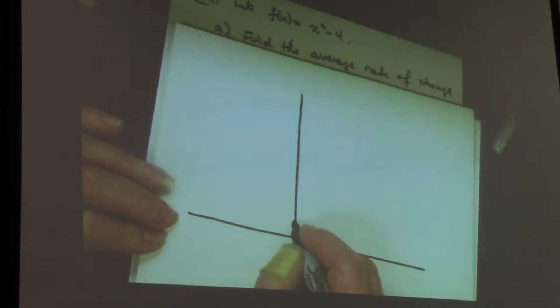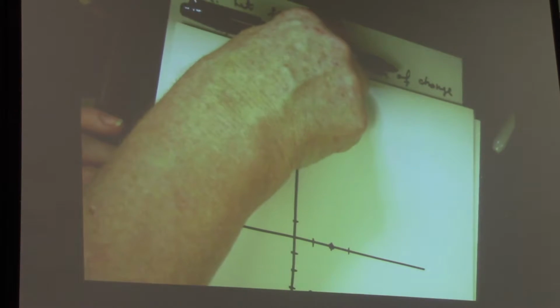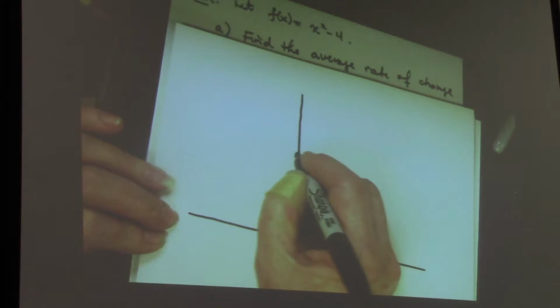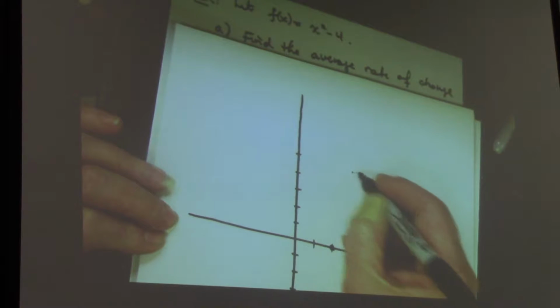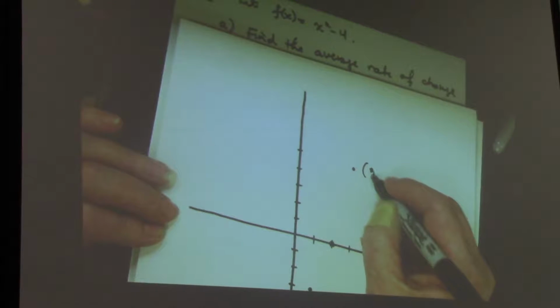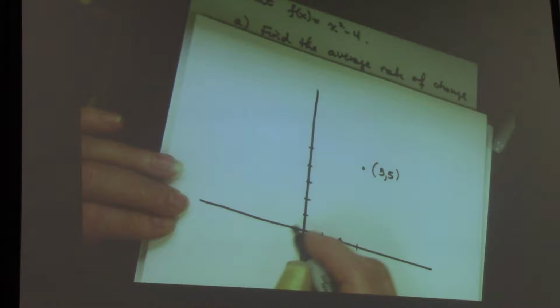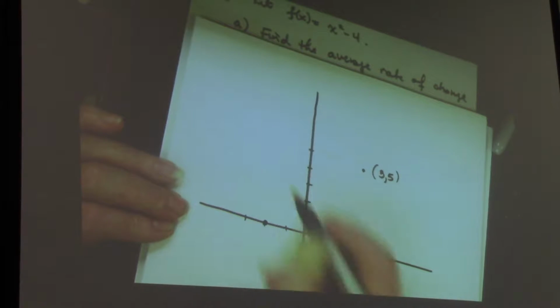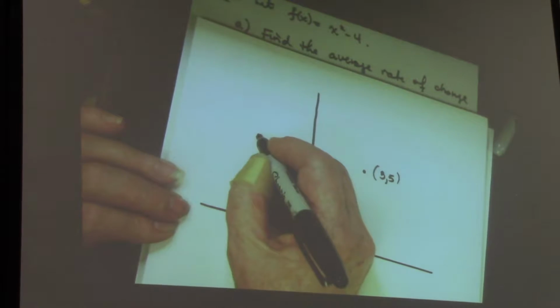When x is 3, I got 9 minus 4, or 5. And we got the other side as well. The graph is certainly symmetric with respect to the y-axis.